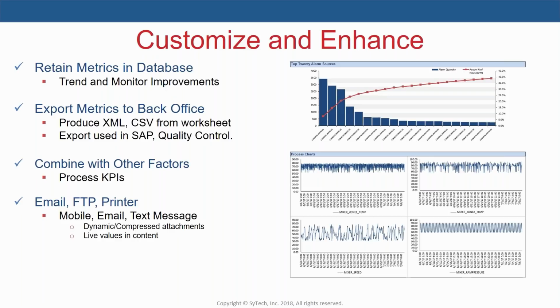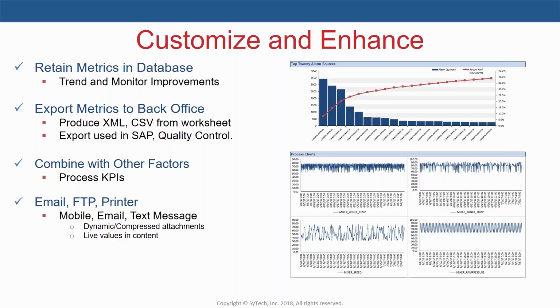Yeah, what's probably notable here is that we sometimes are asked, is it possible to take this information and move it to a different system? It might be the business system, or it might be a server where the engineers actually work, and the answer is yes. As I alluded to earlier, any of these KPIs can be exported to a database.